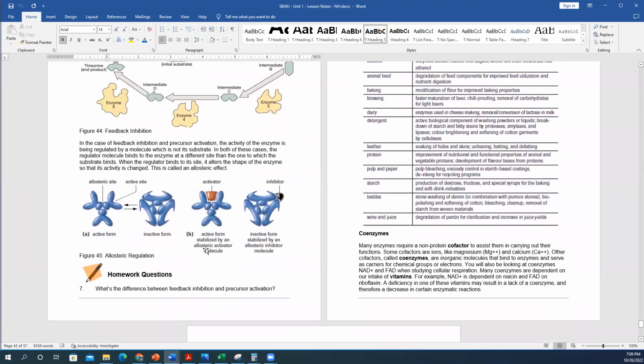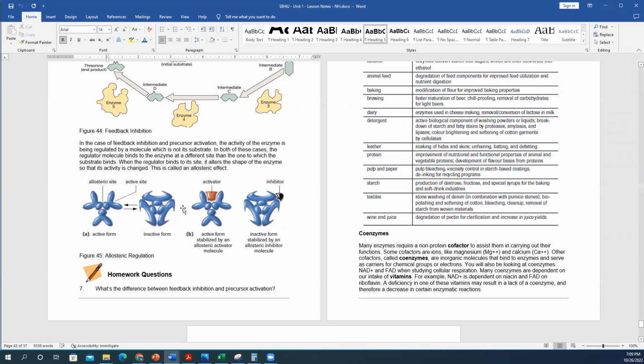Then we talked about how enzymes can have a different active form compared to an inactive form. In their active form, their active site is available, whereas in their inactive form, their active site is not available for binding substrates.